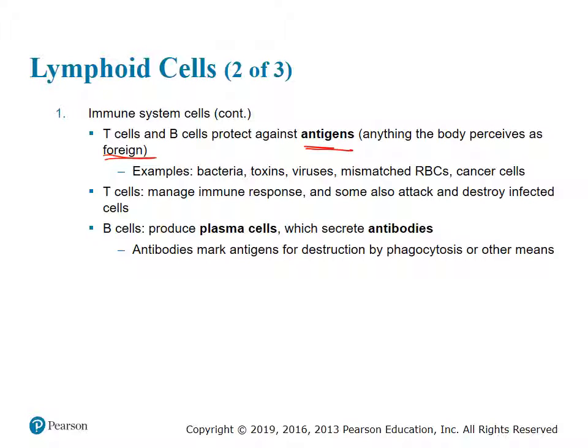The B cells are the ones that actually will activate and then turn into what we call plasma cells. And then those plasma cells, their responsibility is to make and then secrete antibodies.